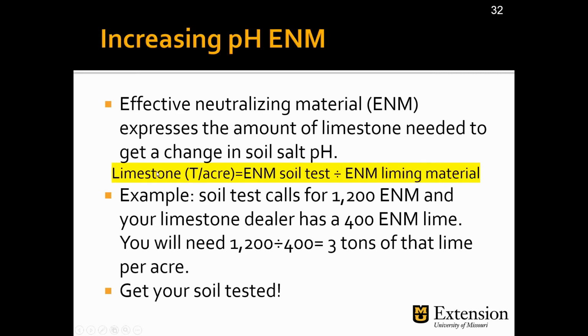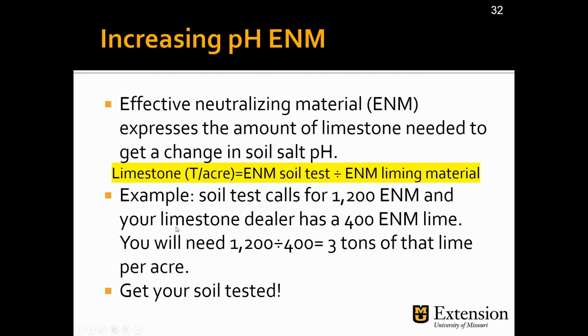And the way you use it is, to determine how much limestone you need per acre in tons, you divide the ENM that comes in the soil test by the ENM of the liming material. Let's do an example. Let's say your soil test comes back from campus and it tells you that you need 1200 ENM for your field.